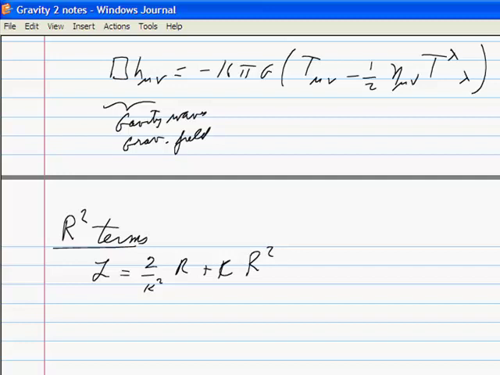If you look at the dimensionality of this, the constant c is dimensionless. This constant here, 2 over kappa squared, goes like a mass squared, because you've got two derivatives there. The metric is dimensionless, so it's just the derivatives that you count. So the one has two derivatives, so it's dimension mass squared. This is the Planck mass squared is the coefficient of the first one, and the second one has a dimensionless coefficient.